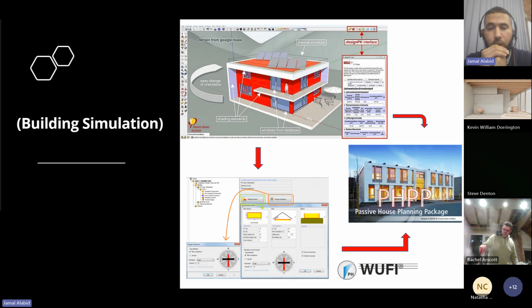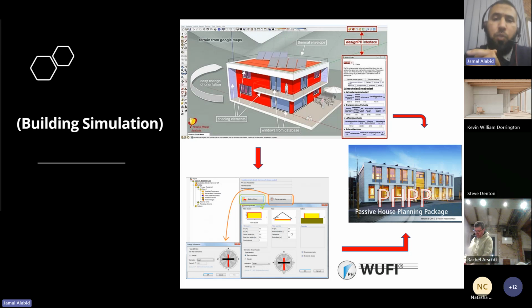advice and tips on using other softwares like WUFI, especially the WUFI Passive software, which is integrated with PHPP, and also the Design PH. It's a plugin used with SketchUp, so it's a quick way to ensure that the model you are working on has all the required data in terms of the thermal envelope and other things like shadings.